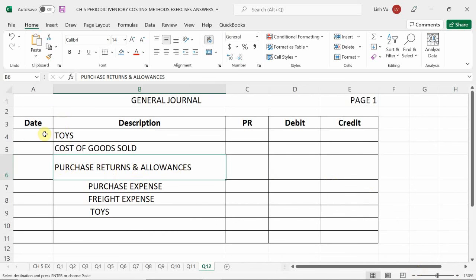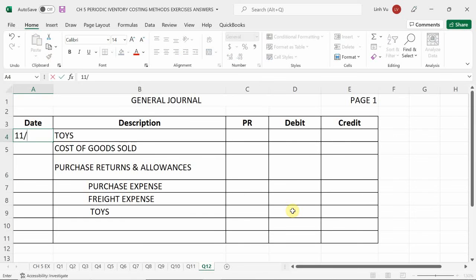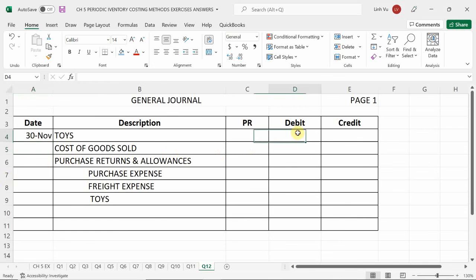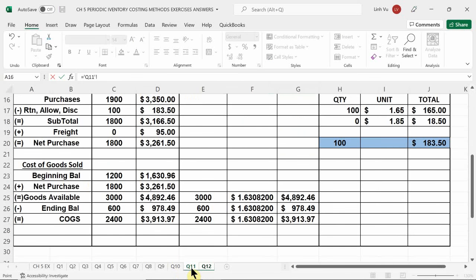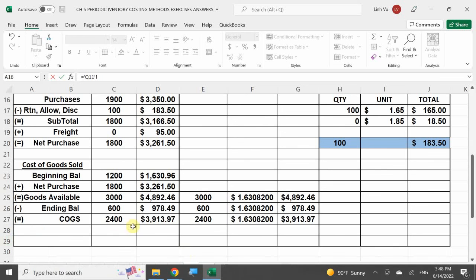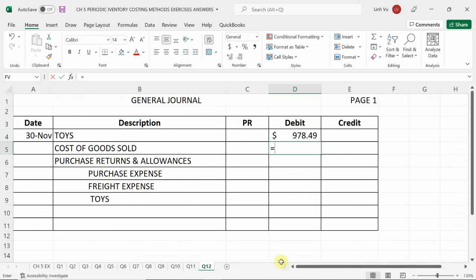It is November 30th, right? So in this case, what was my total ending balance in my inventory? $978.49.